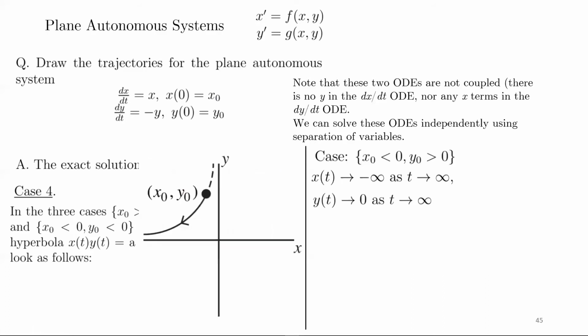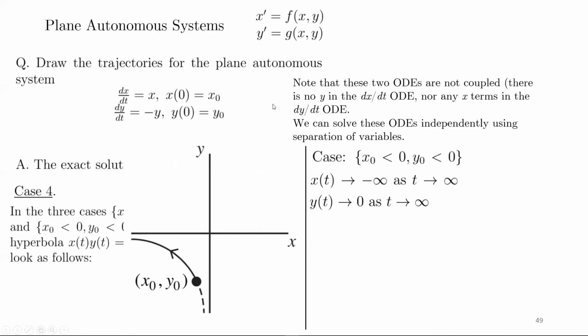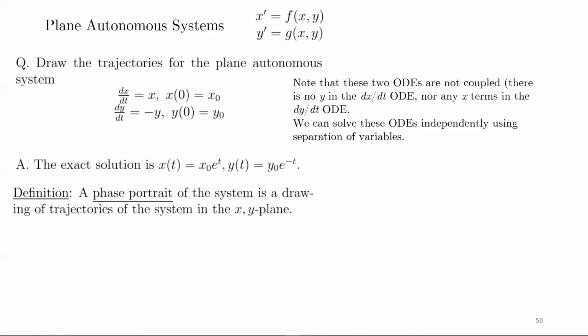So if we take a point in the upper left quadrant, we follow this hyperbola path down as x goes to negative infinity and y goes to 0. And then similarly in the third quadrant, x goes to negative infinity and y goes to 0 as t goes to infinity. Okay, so we have a hyperbola plot like so.